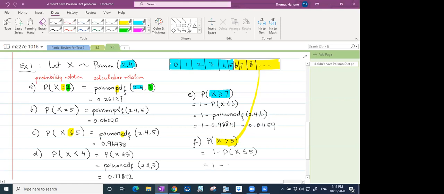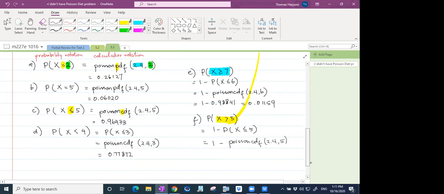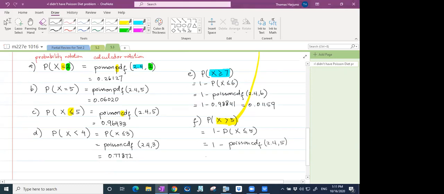It's 1 minus Poisson CDF 2.4, 5. We happen to have that in part C already. So that's 1 minus 0.96433, which is 0.03567.